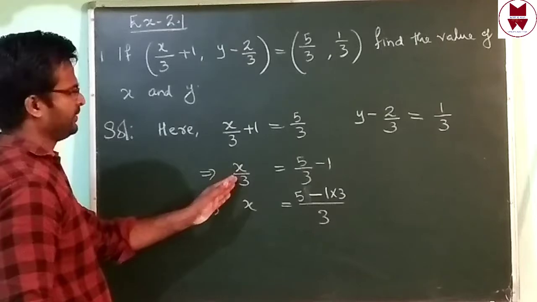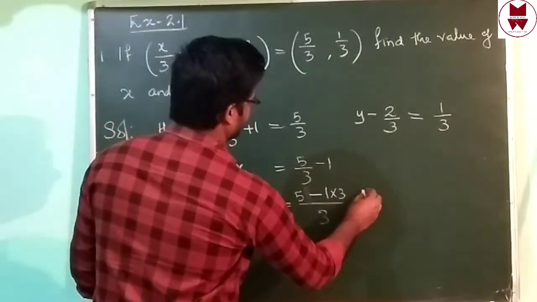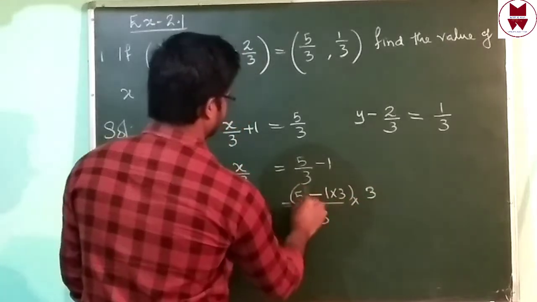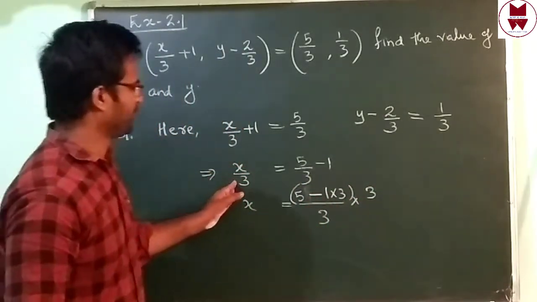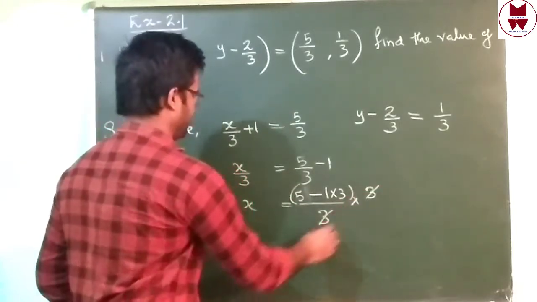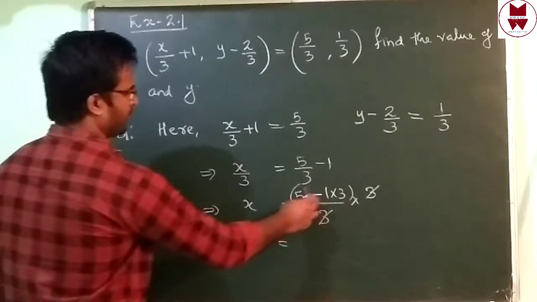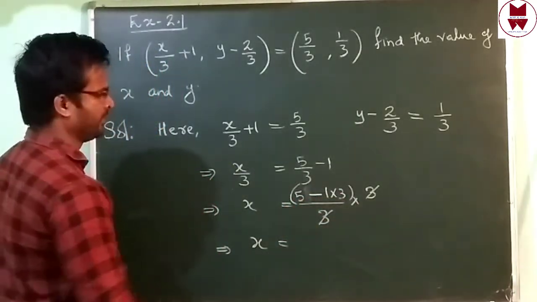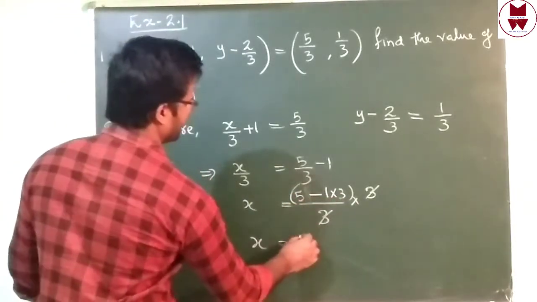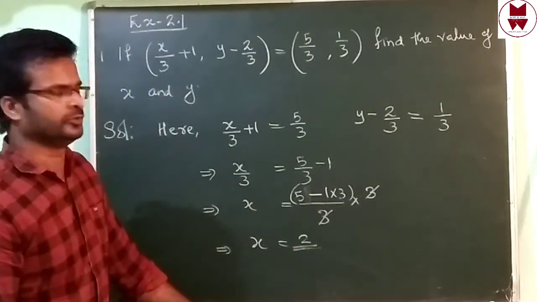Then the denominator brought to the right side will be into 3, because the denominator part goes to the numerator part, isn't it? Then 3 and 3 cancel. x equals 5 minus 3, which gives 2. Now we got the x value is 2.